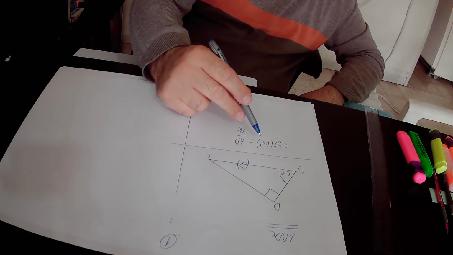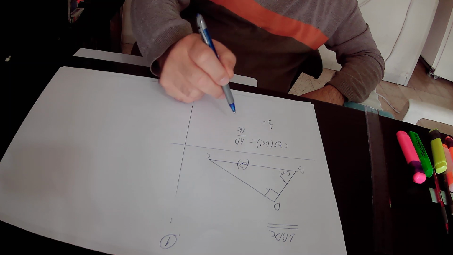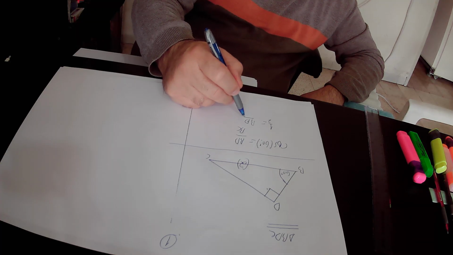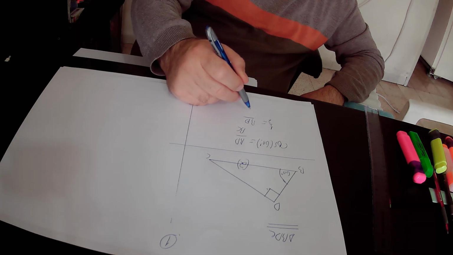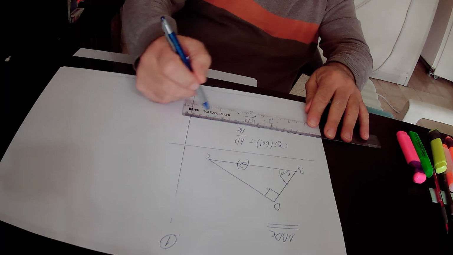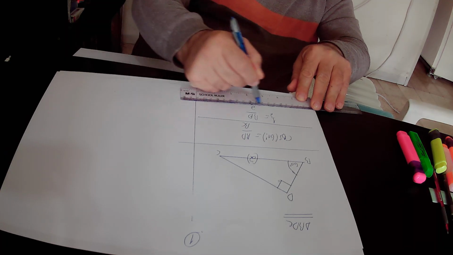Cosine 60 degrees is 1/2. So substitute cosine 60 degrees by 1/2, and it equals BD over BC, and BC is 2, so we substitute BC by 2, and finally we found out that 1/2 equals BD over 2.